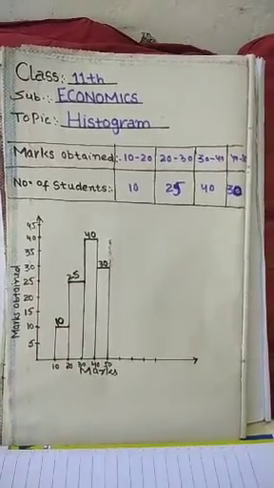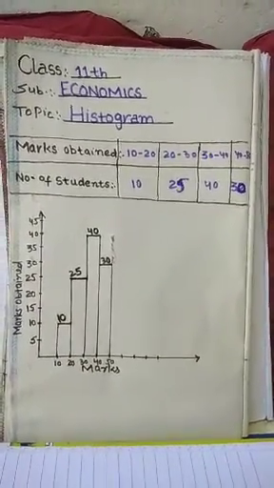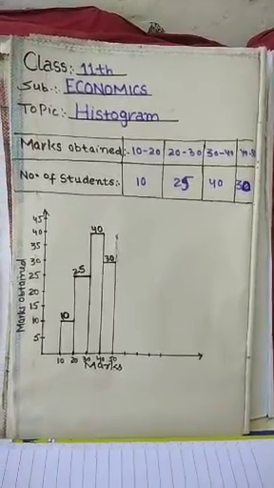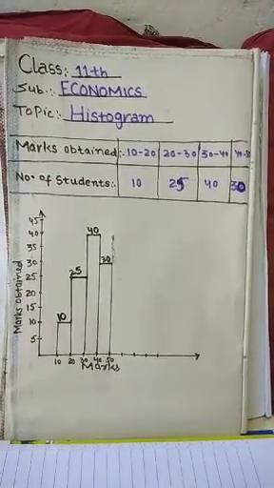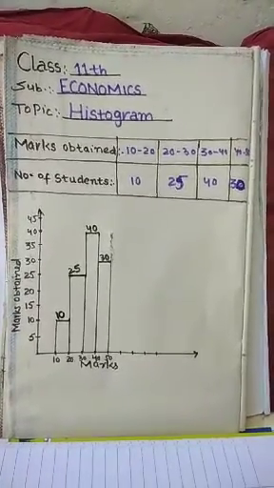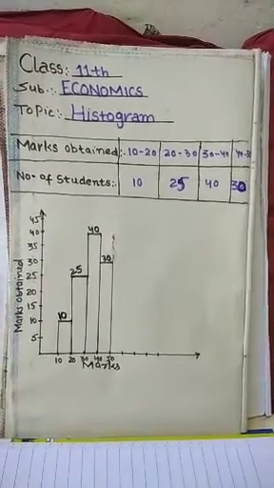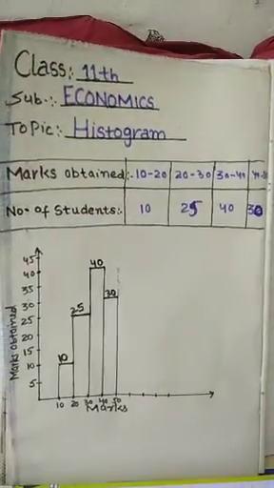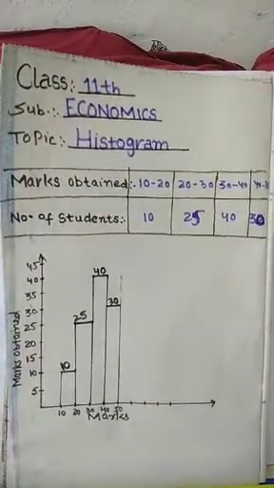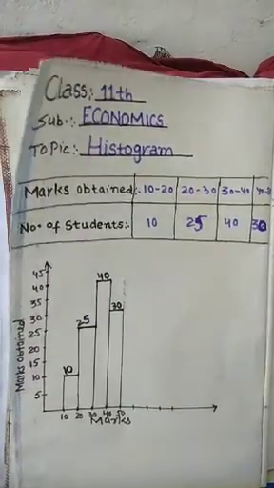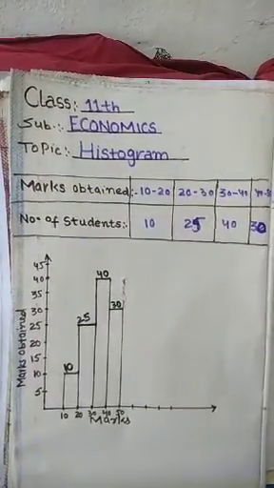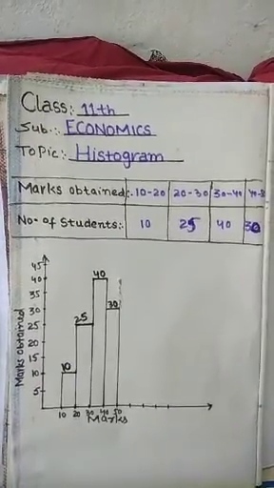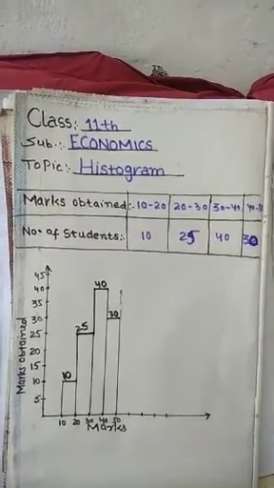Now, dear students, in order to understand the concept, let us take an example of a class. For example, a teacher conducts a test for economics of class 11th with maximum marks out of 50. Now let us consider that after the test, the teacher records the following data.